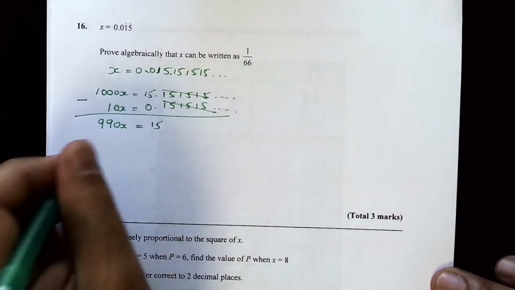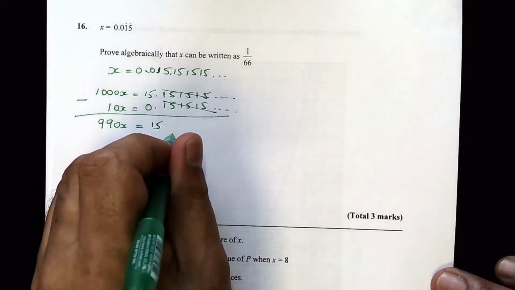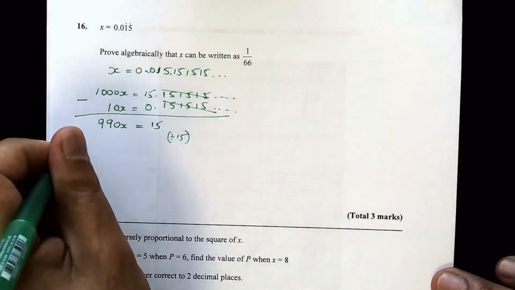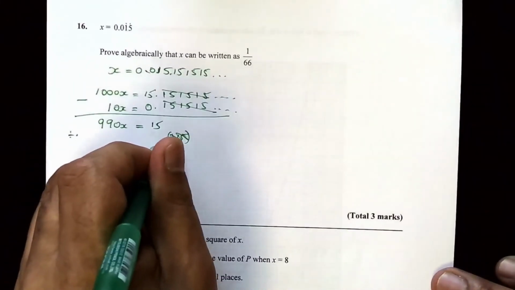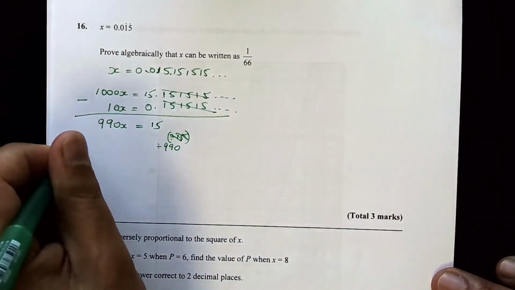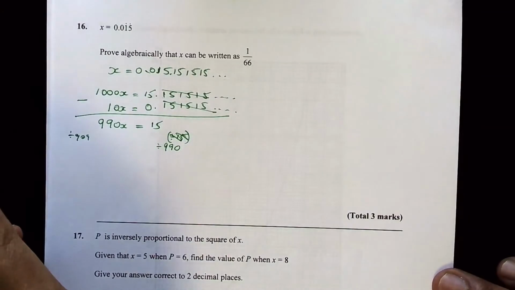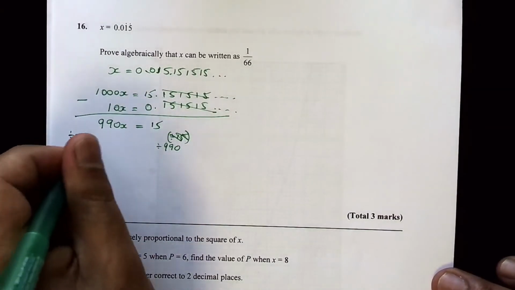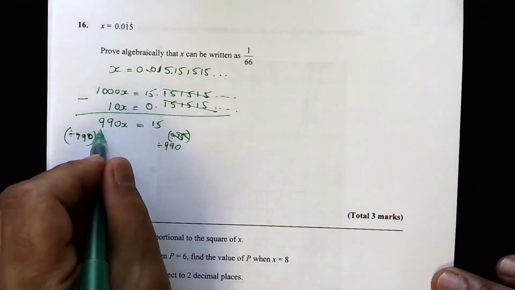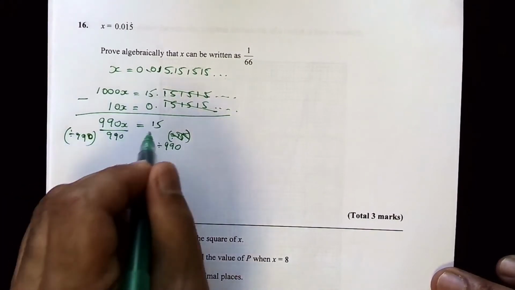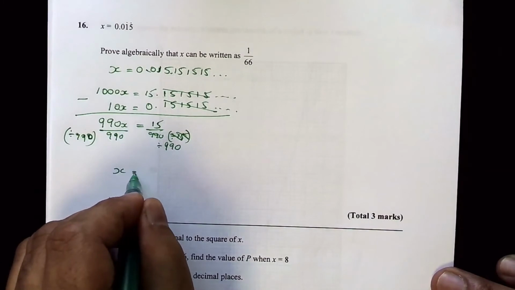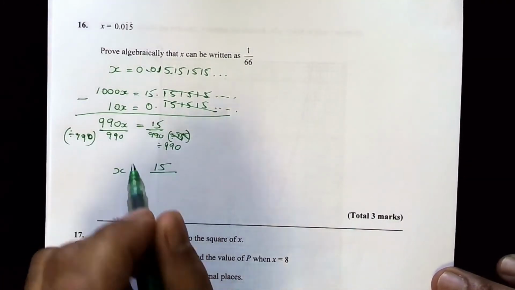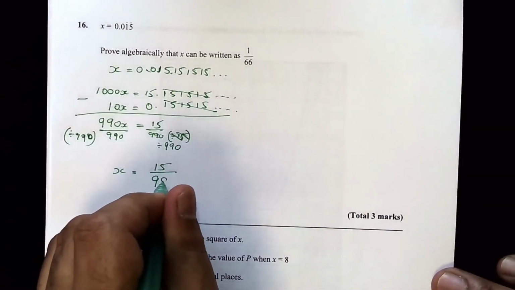And to work out the value of x, I'm going to divide both sides by, sorry, by 990. So now I've got 990 there and 990 there. So x is equal to 15 divided by 990.